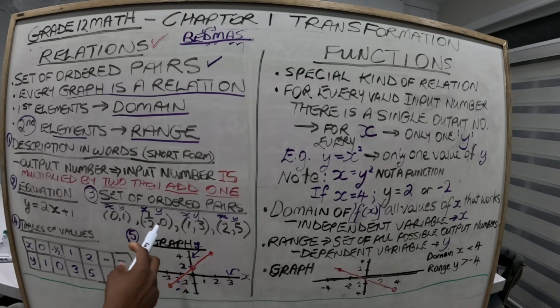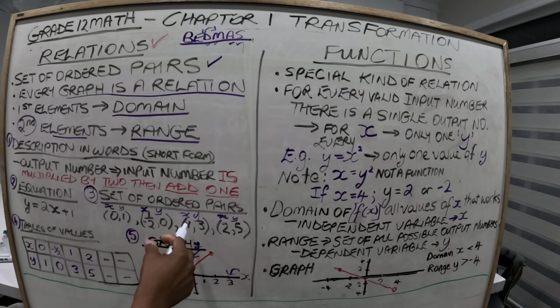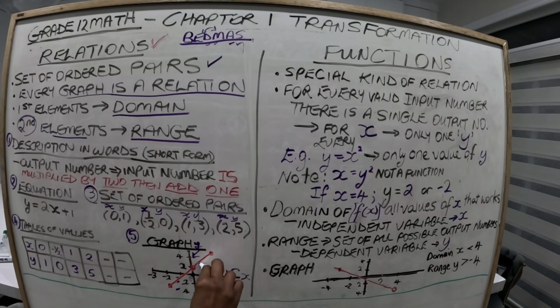And then we'll just skip that one, and we'll go to 1 and 3. As you can see, when x is 1, right here, you can just do an imaginary line. When x is 1, y is 3.